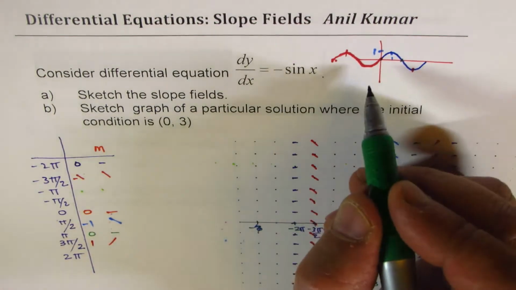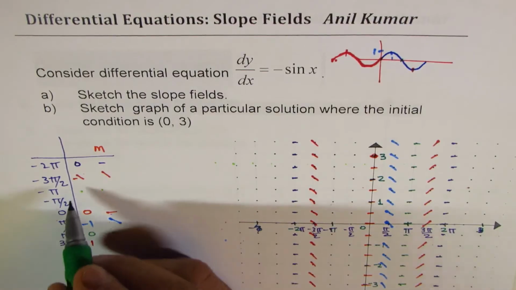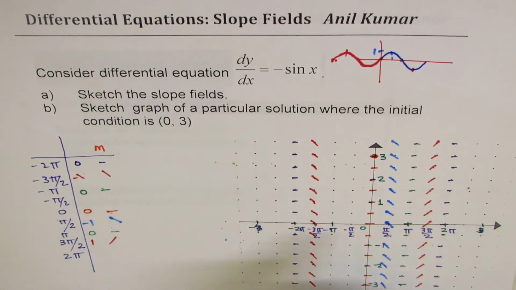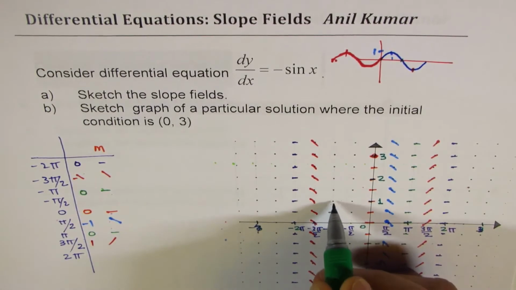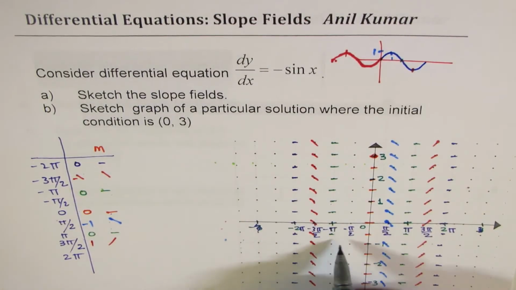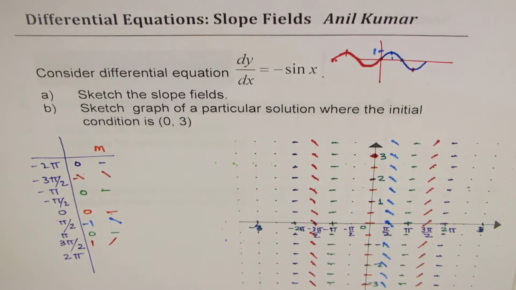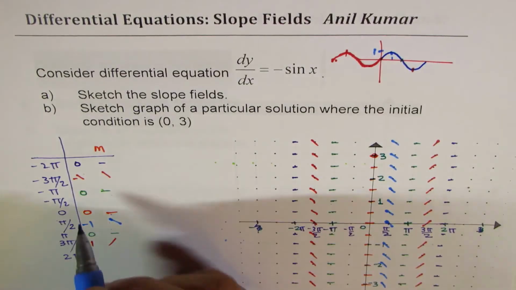Then at minus pi, again it will be 0. So at minus pi it is 0, a horizontal line. And at minus pi by 2 it is negative 1, and negative and negative becomes positive 1.